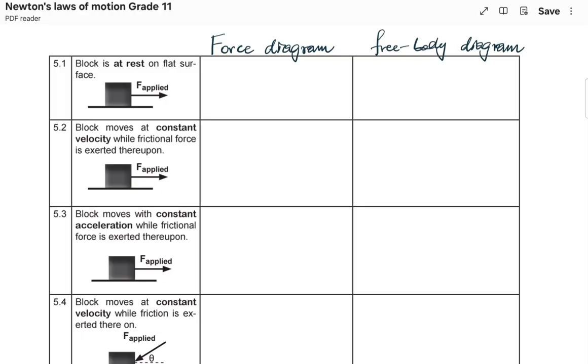The block is at rest on a flat surface. So the block is at rest. Remember, if we draw the force diagram, we use the box. So this side will be the free body diagram.